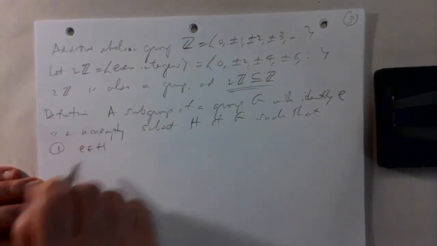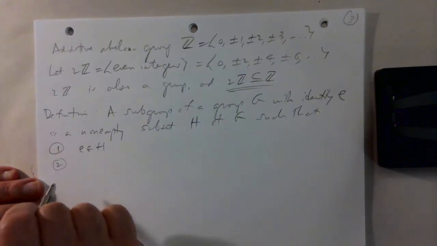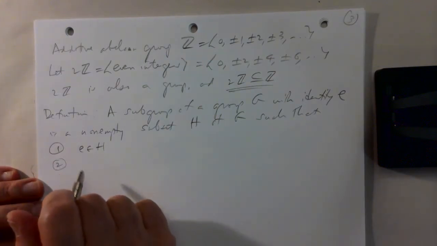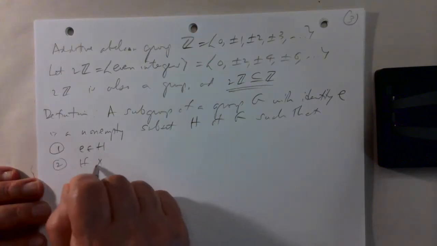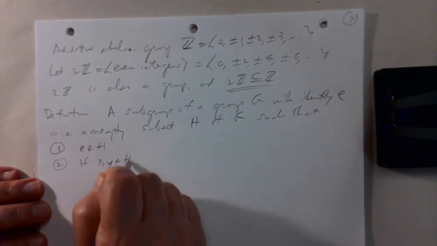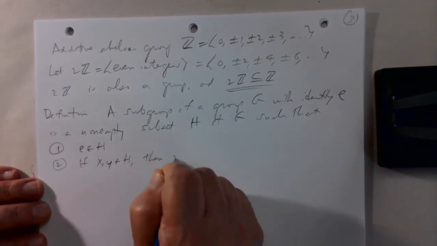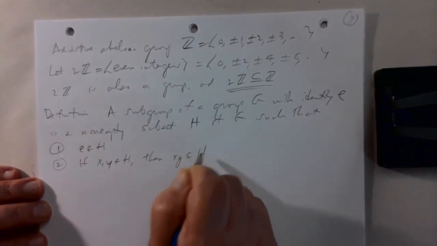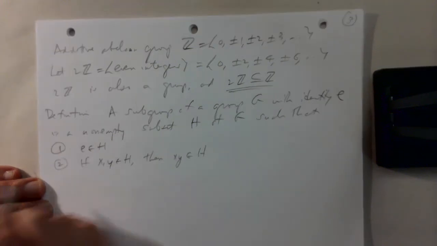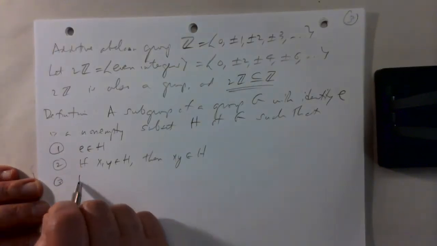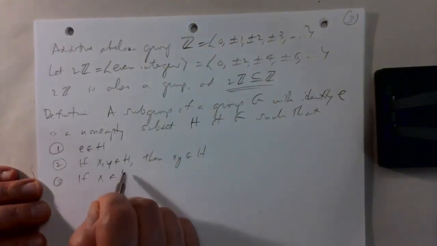First of all, it contains the identity. Second, it's closed under multiplication. So if X, Y are in H, then the product X times Y is in H. And the third property is it contains the inverse of each of its elements.